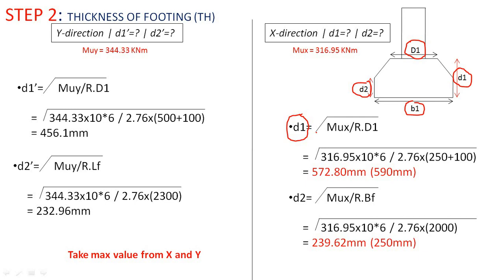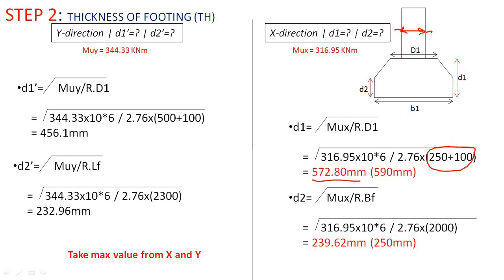The d1 will be, we know this distance is 250 mm, plus we have the offset of 50 mm over here and 50 mm over here, so we'll have the plus 100, so we'll have 350 as the d1. So we have found the value of d1 as 572.80 mm. So we will round off to 590 mm.